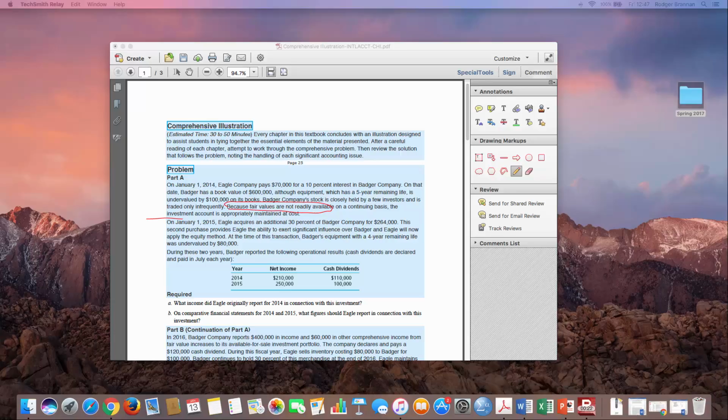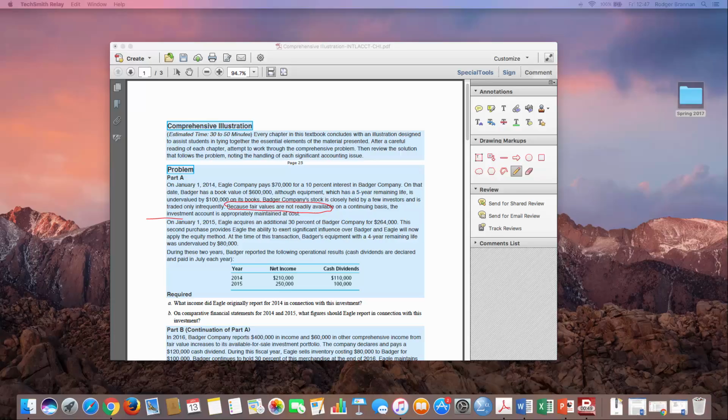Now, even though it's not required specifically on the requirements here, understand that a couple of things are happening. Number one, as of January 1, 2014, Eagle, which I'll refer to as the parent company, acquires a 10% interest in Badger, which is the subsidiary. Because it doesn't meet the threshold of the equity method, the company does not have to use the equity method.